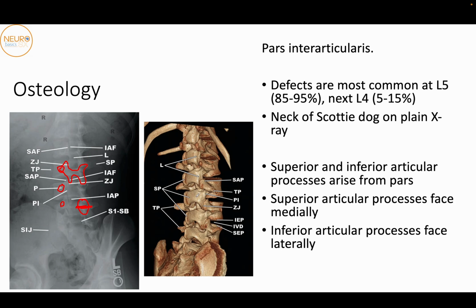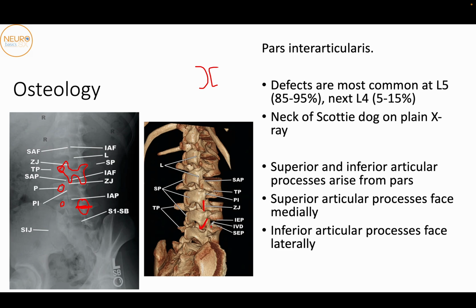The pars then also gives rise to a superior and an inferior articular process, and as we have discussed, the facet joints of the lumbar spine will be arranged sagittally. As you can see, they are arranged vertically like this. There's a process which faces laterally, and there's a process which faces medially. The process facing laterally is your inferior articular process.